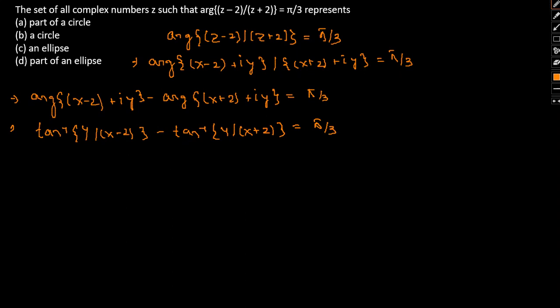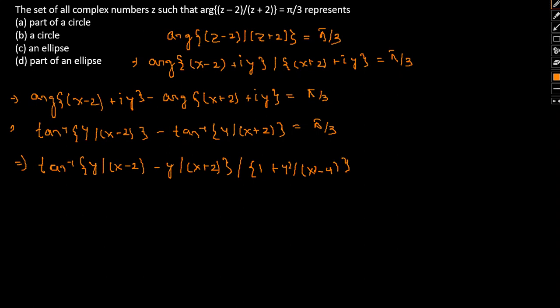Now if we apply the formula for tan inverse a minus tan inverse b, we get tan inverse of [y by (x minus 2) minus y by (x plus 2)] divided by [1 plus y squared by (x squared minus 4)] equal to pi by 3.